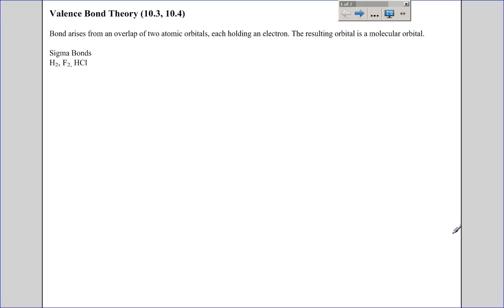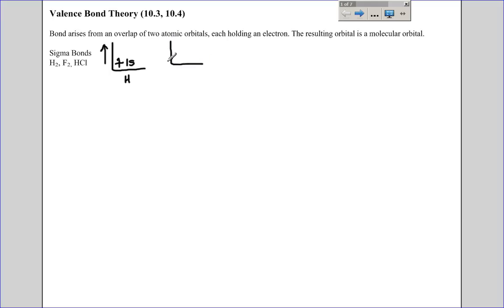Let's look at bonding in the following scenarios of H2, F2, and HCl. In order to study these bonds, we need to understand where the electrons are in each of the atoms. And in order to do that, we need to know where the valence electrons are in a particular atom. So in hydrogen that has one electron, it's got that electron in a 1s orbital.